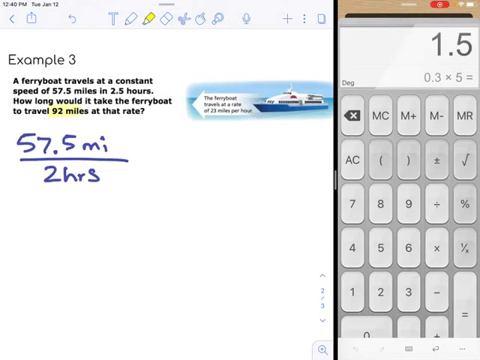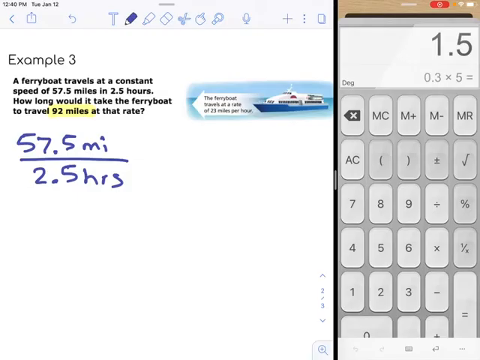So we want to figure out how long it's going to take us if we're traveling 92 miles. So first things first, I want to, oops, I'm sorry guys, I meant to put 2.5 hours down here, not 2 hours. 2.5 hours.